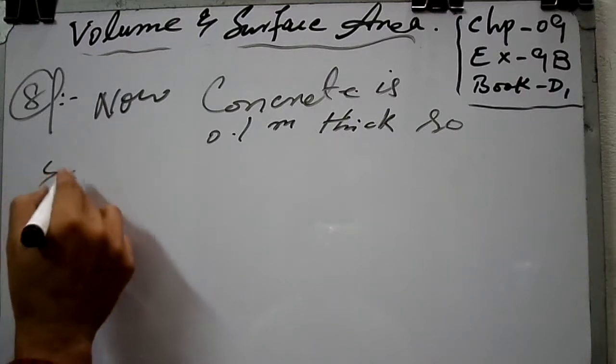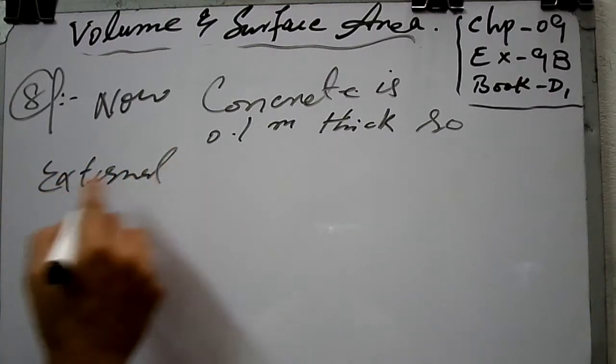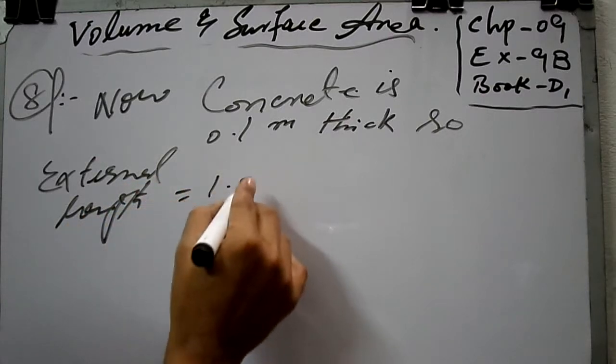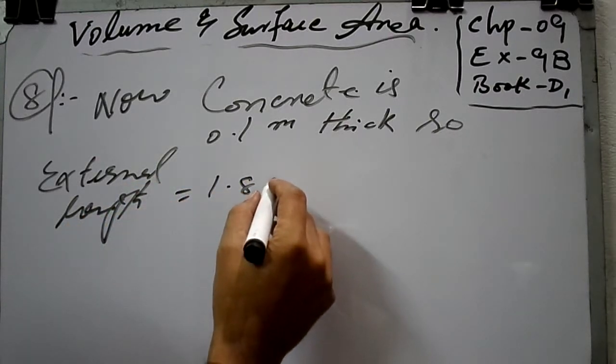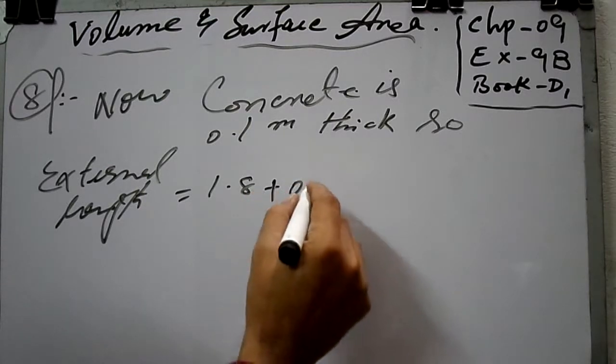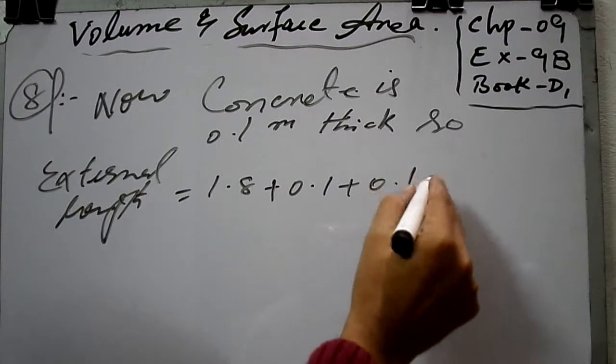External length is equal to 1.8, plus 0.1 thickness on each side, so 2 meter.